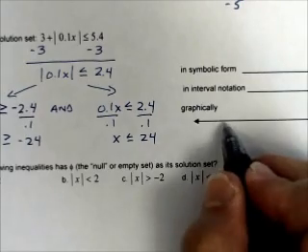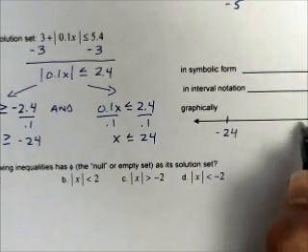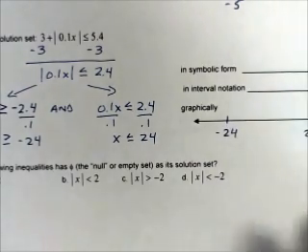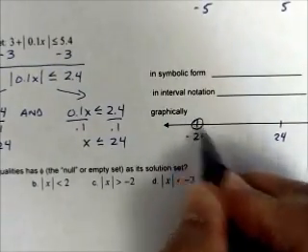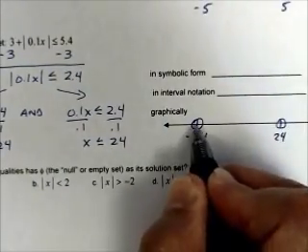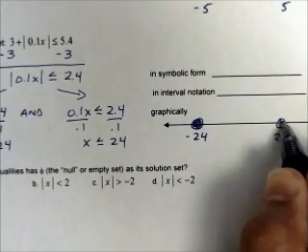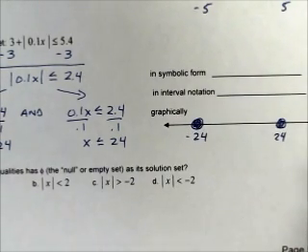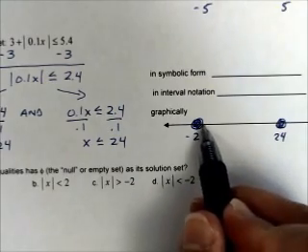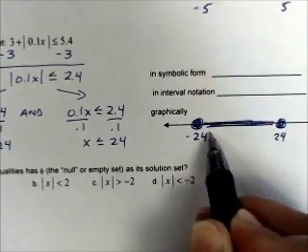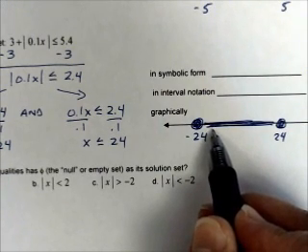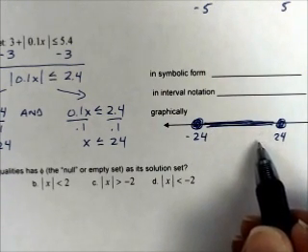So we place negative 24 and positive 24 on our number line. Circle each, fill in the circles because of the equal to part. And it's an and, so with ands you're going to be shading in between. Greater than or equal to negative 24 and less than or equal to 24.